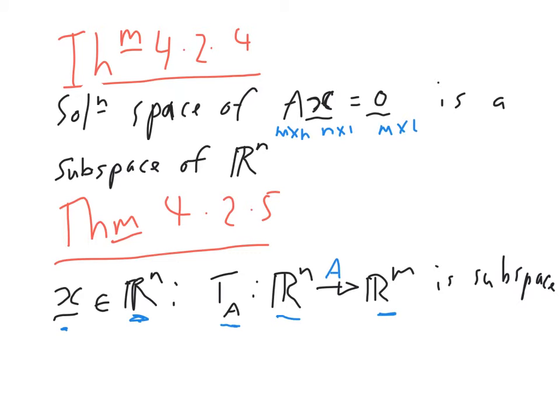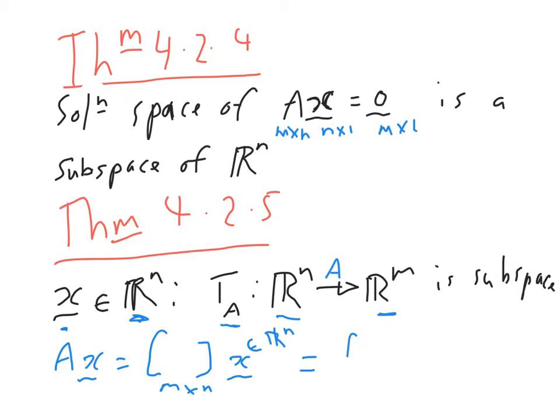So just to write it out, as we had before, if we have AX, we've essentially got A, which is an M times N matrix, and we've got X, which is an element of Rn.